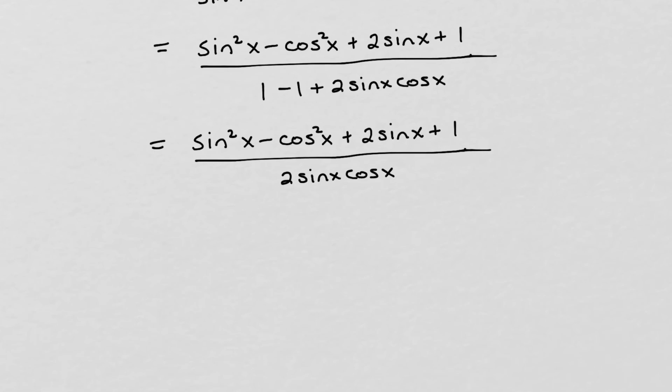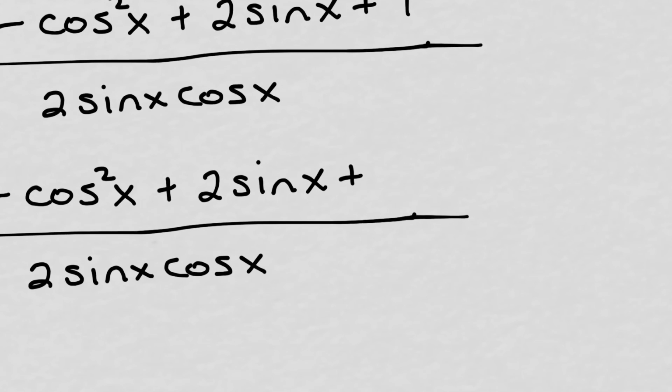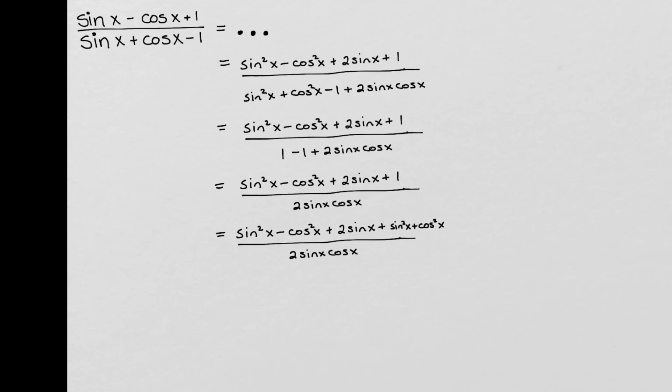Okay, so I'm going to bring down what I have, and the only thing I'm going to change is that plus 1. I'm going to turn it into sine squared plus cosine squared. Okay, so, oops, put in my sine squared x plus cosine squared x. And there we go.